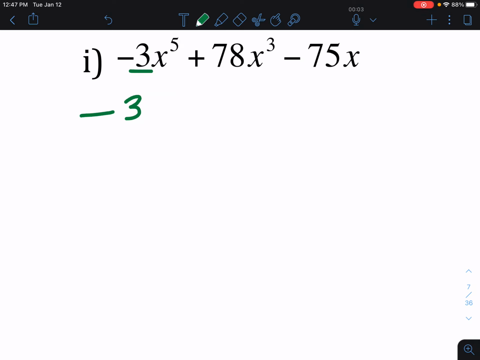If you get a whole number, you're good. 75 divided by 3. If you get a whole number, you're good. Me, I'm pretty good at the mental math, so I know they go into those numbers. Actually, it's negative 3x. X is common to all of them, as you can see here. And then I'm going to carefully divide by negative 3x.